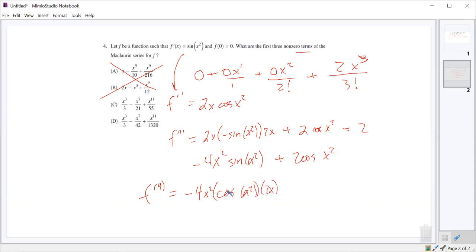That whole part of it's going to be 0 again. And then we've got, actually it's going to be a minus 2 sine of x squared times the derivative of the x squared. That's going to be a lot of terms in there for us to come back to one that's not 0. That's going to be annoying to get up there to the 7th.